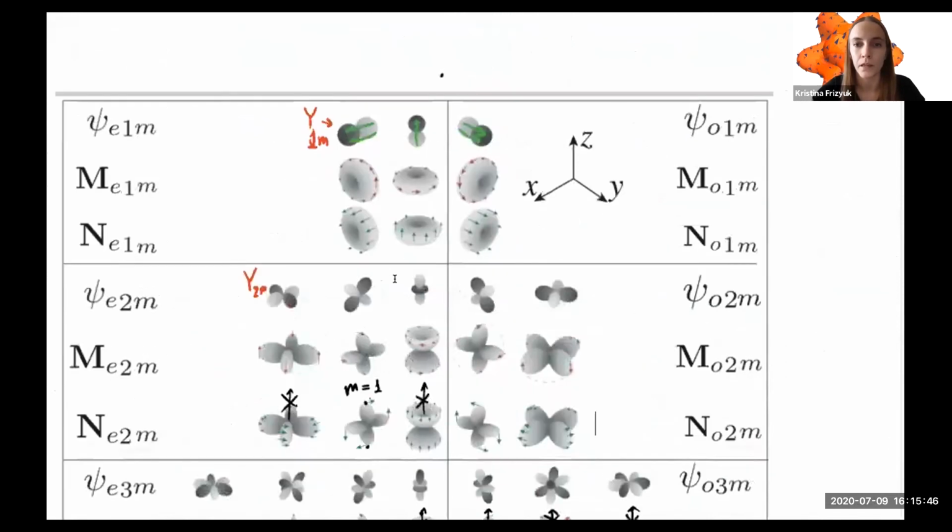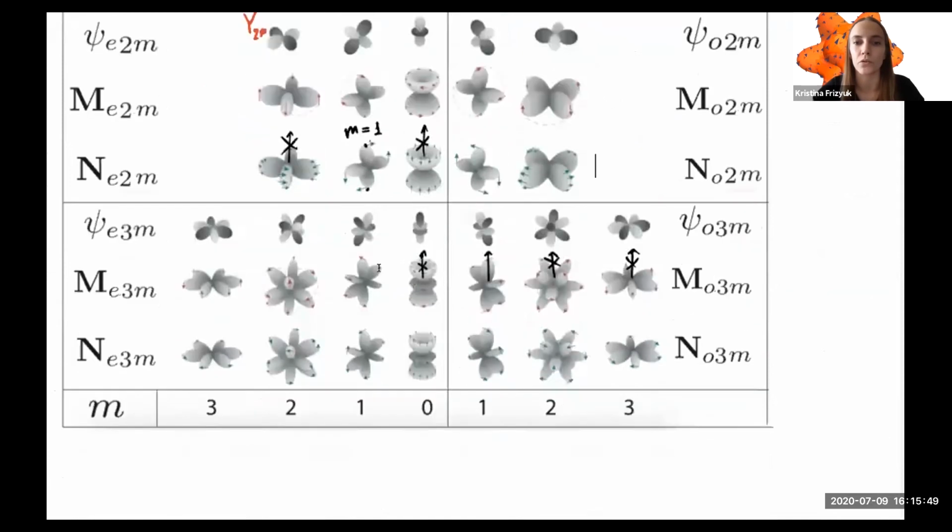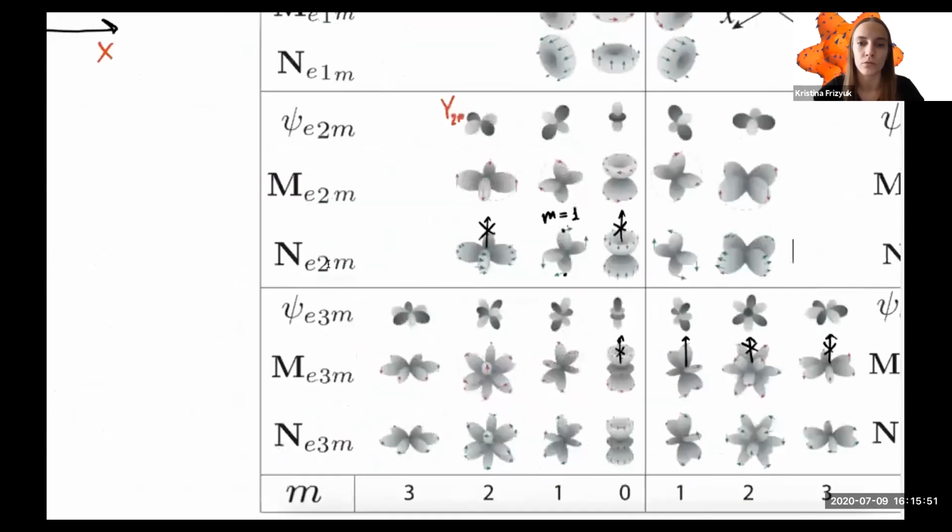Okay, and now you can find out which of them give contribution.